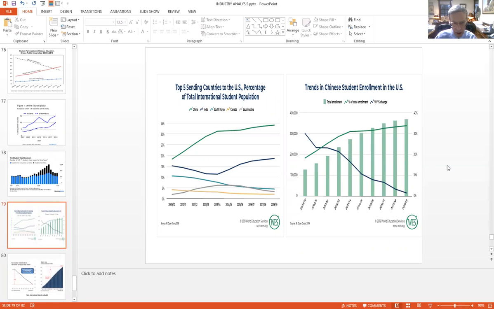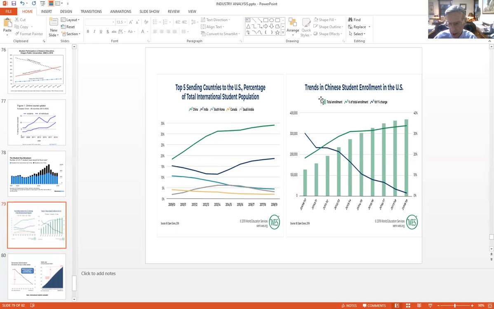The chart on the left here shows the countries that have been sending students to the United States, and the top line here is China. So it's made the largest contribution.